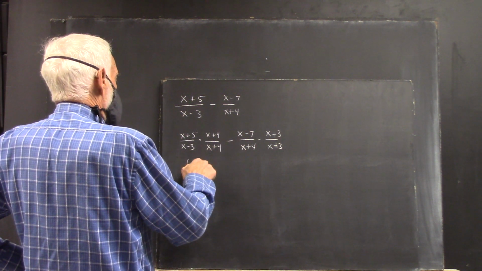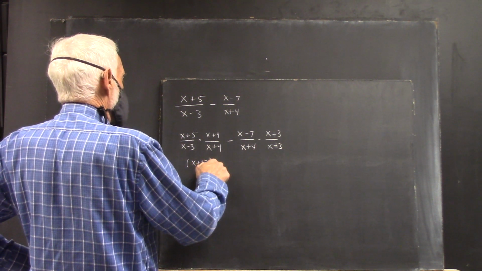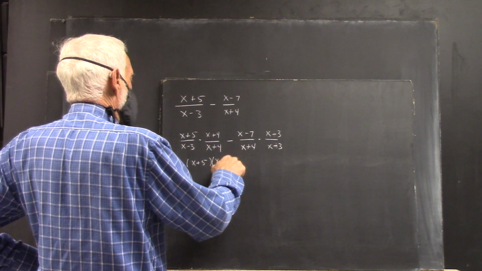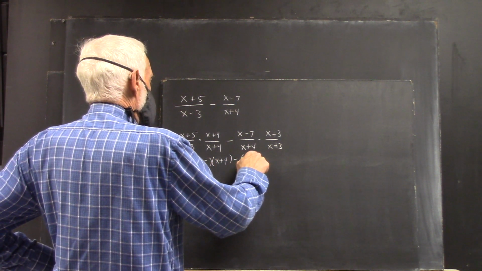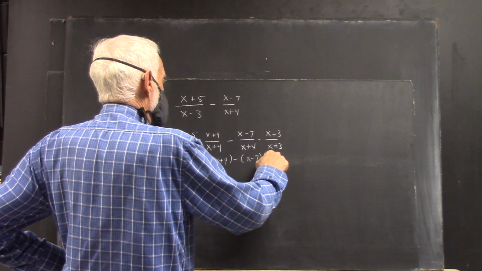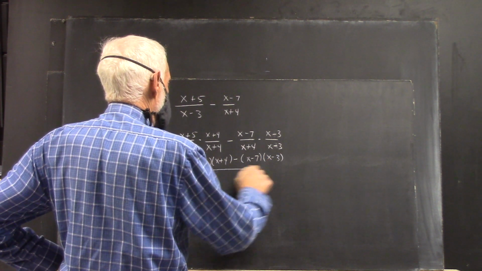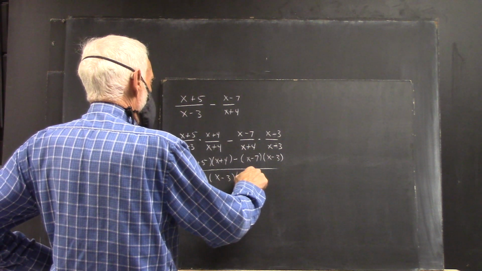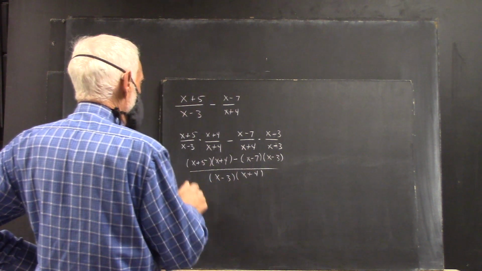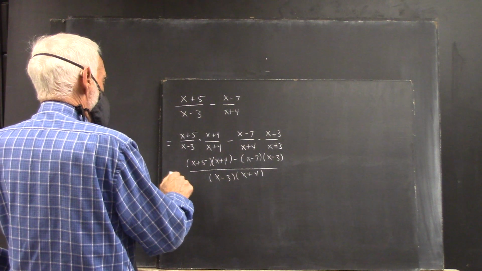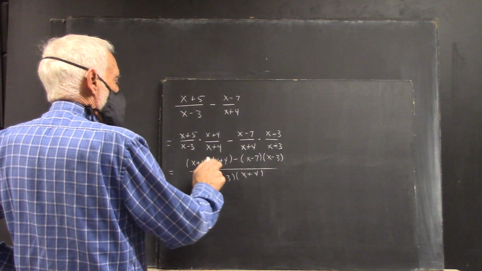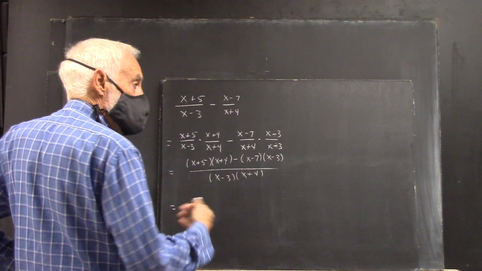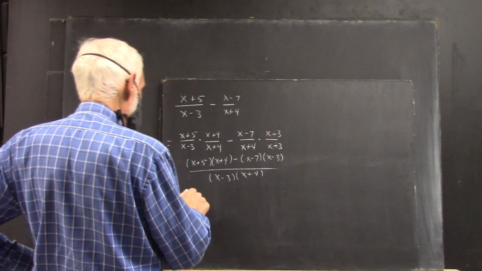Okay, so now we've got x plus 5 times x plus 4 minus the quantity x minus 7 times x minus 3, all divided by x minus 3 times x plus 4. Now we can multiply these out. Again, you want to use the distributive law to be sure you're doing them right.